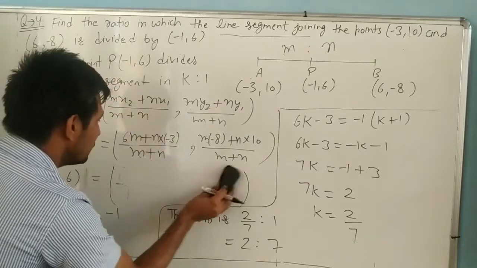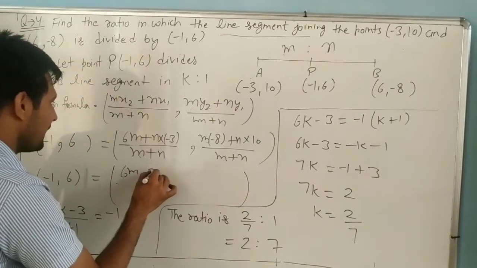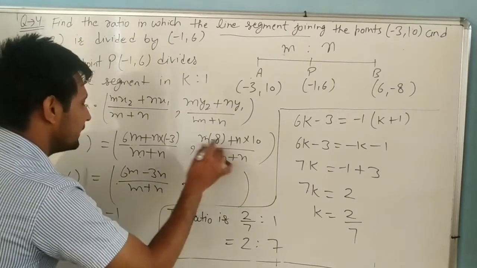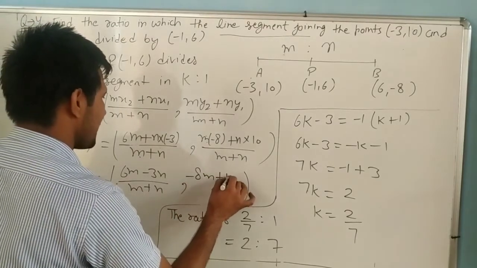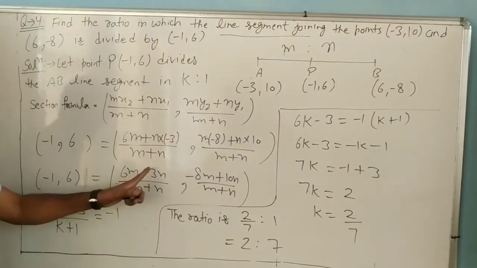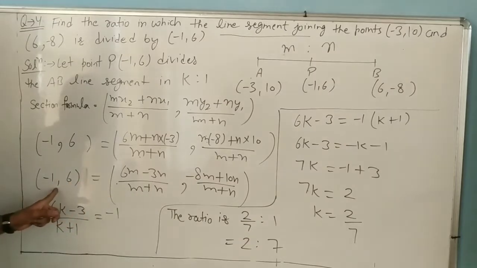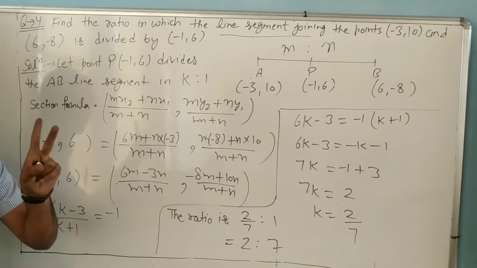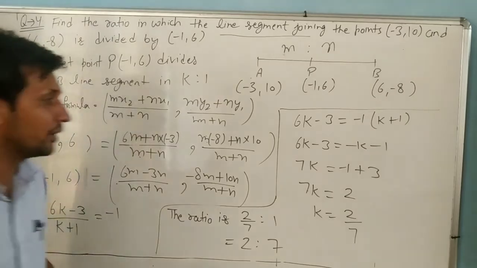If we do like this, it becomes (6m minus 3n) over (m plus n), and it becomes (minus 8m plus 10n) divided by (m plus n). But dear, if we use this one, (6m minus 3n) over (m plus n) equal to minus 1, it becomes 2 variables. And in 2 variables, it is very difficult to solve the equation.